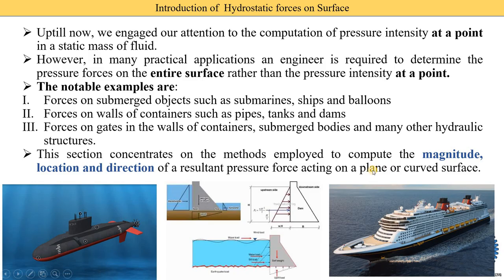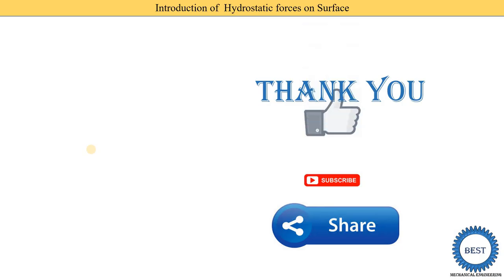Plane means it may be horizontal, vertical or inclined, and the second category is the curved surface. This chapter is divided into two sections. In the first section we study hydrostatic force on surfaces, and the second section is buoyancy and buoyancy heights.